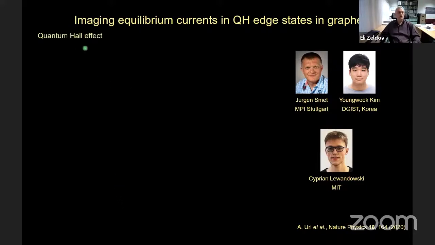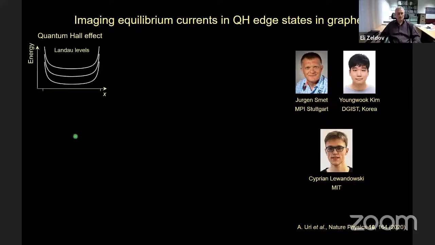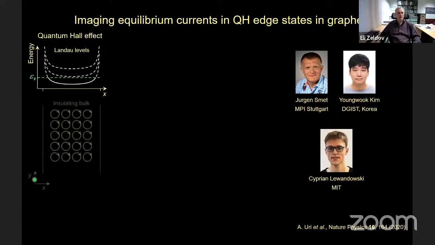When we talk about quantum Hall, the usual picture that we think about is Landau levels, which are full up to the Fermi level and empty above it. In the bulk, we imagine an insulating state, where the electrons flow in closed orbitals.